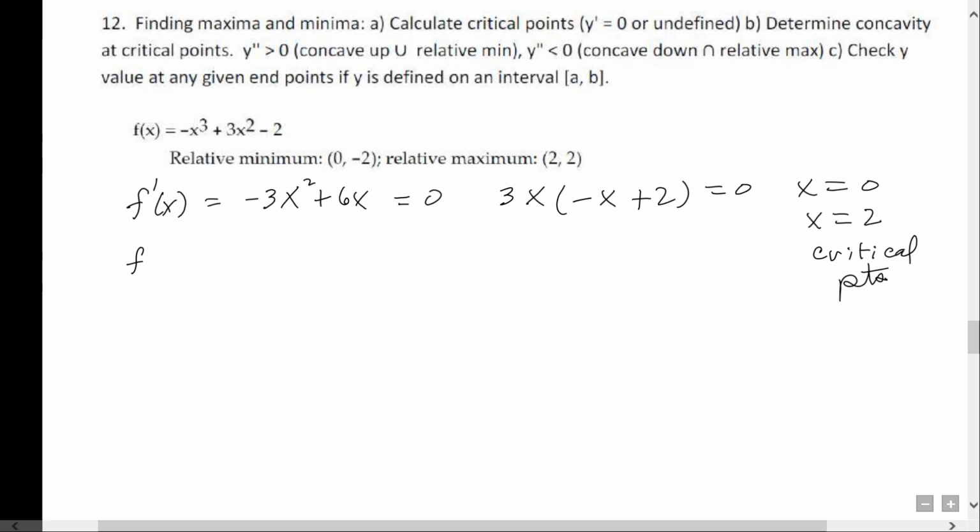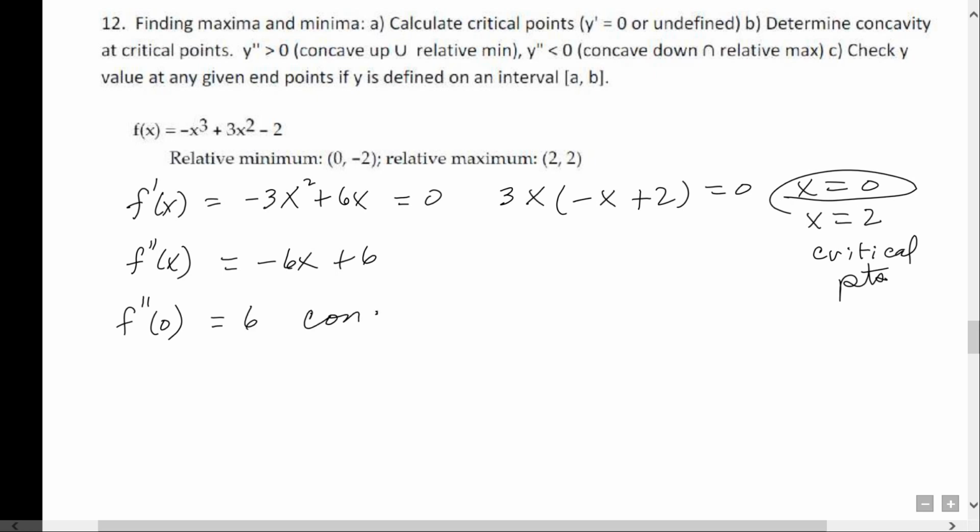Calculating the second derivative of f of x, we get minus 6x plus 6. The second derivative at 0, which is the first critical point, is equal to 6, so it's concave up. So it's a relative min.